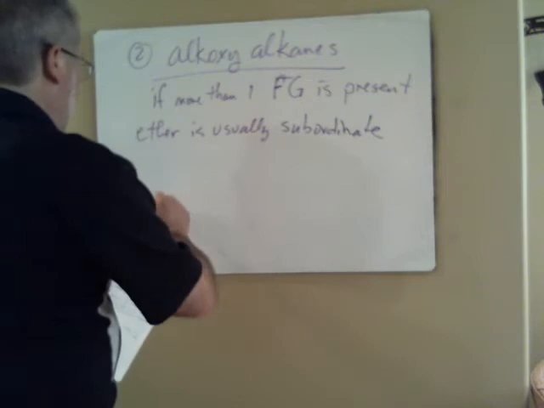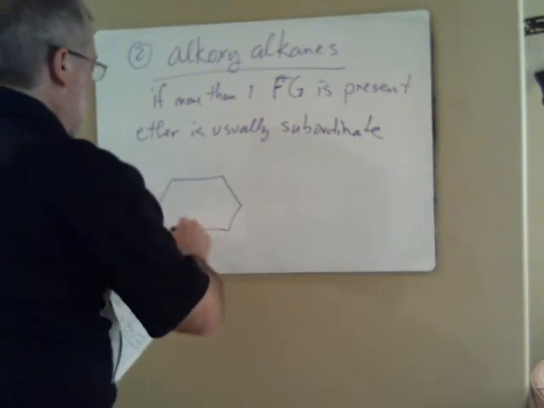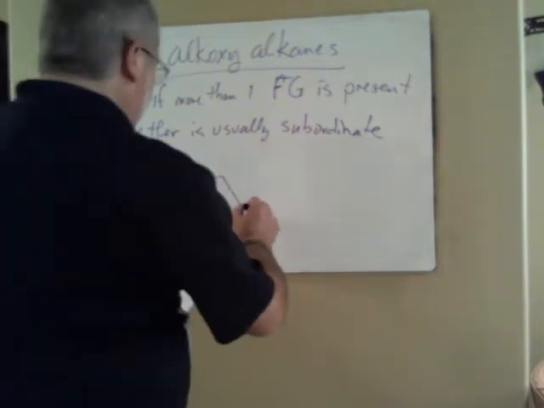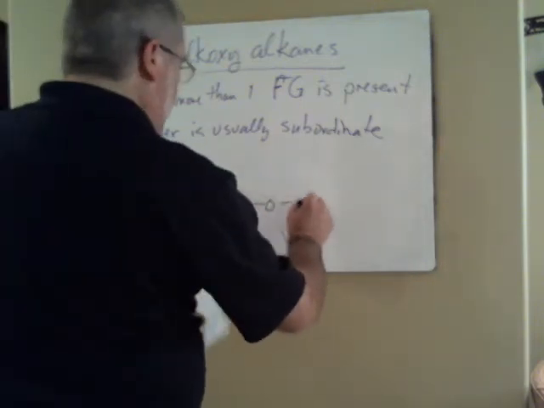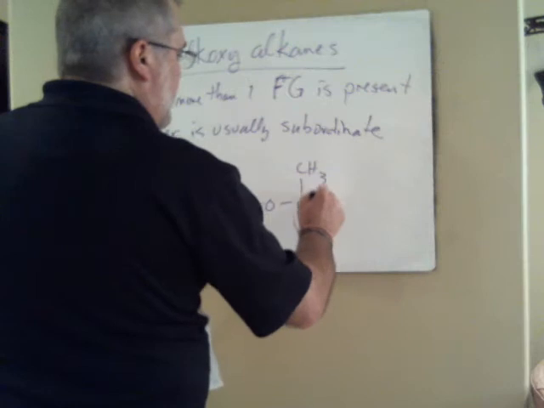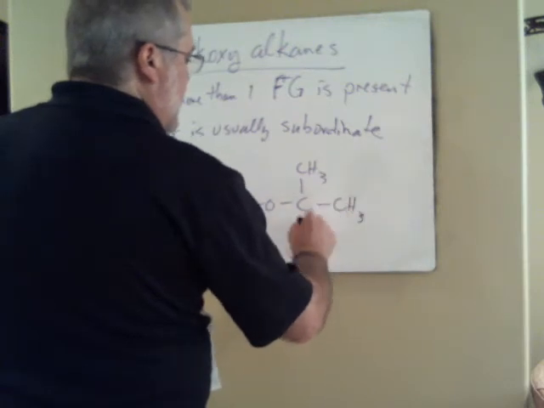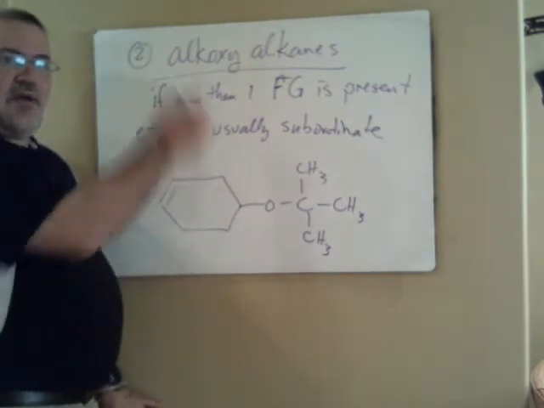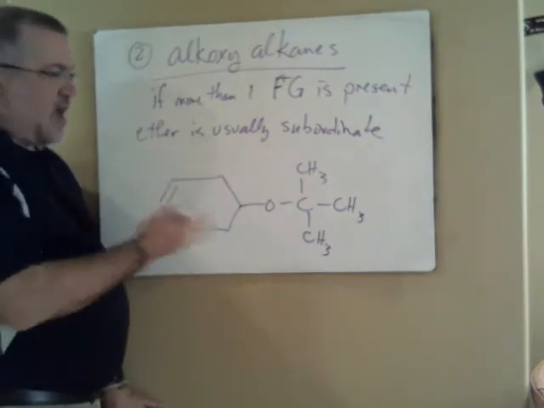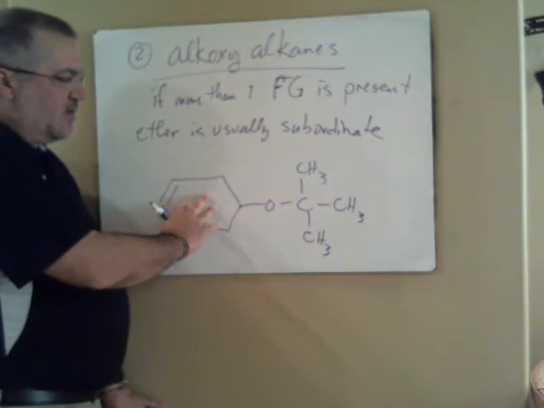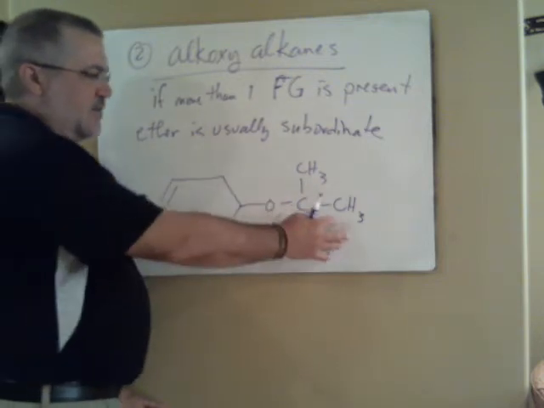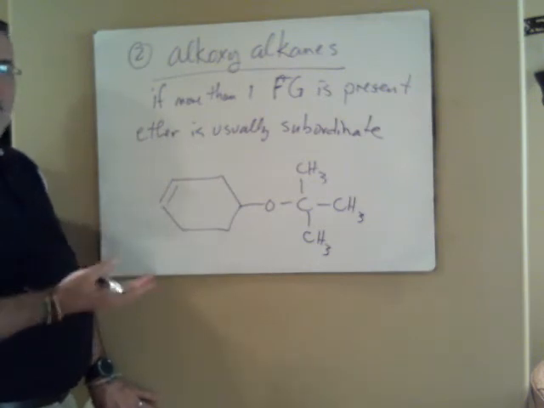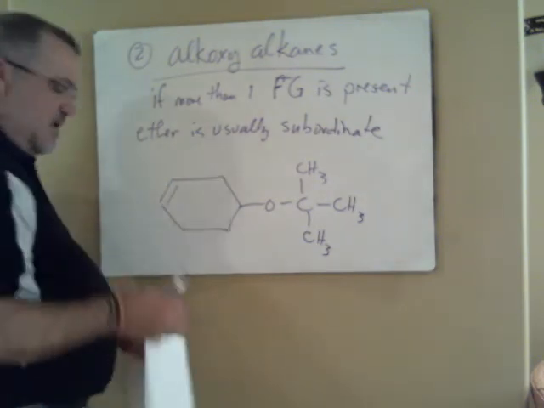So for example, if we had this compound where I'm going to put a double bond here, so we have alkene functionality in that ring. And let's put a t-butyl group over here. And so, sure, I could name this using the first way, where I would just name this residue and this residue and put the word ether. But now that I have this double bond here, let's just say that I want to name it as the alkene.